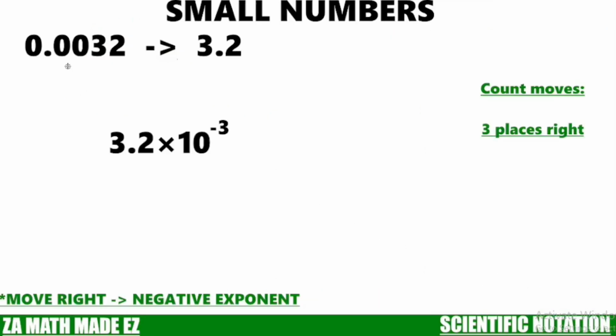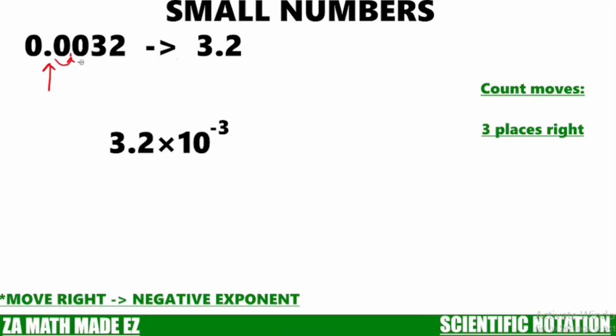Small numbers. Now if you see this number over here, there is already a decimal point. If we want this number between 1 and 10, we must move this decimal point until it gets over here. But we must count our moves. Let's move it once over. That will be 0.032.